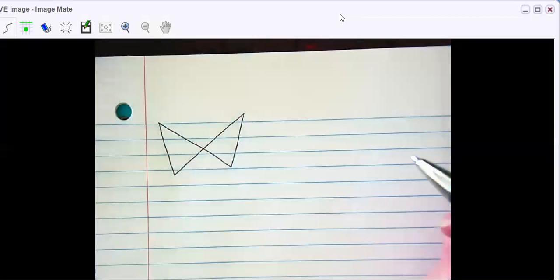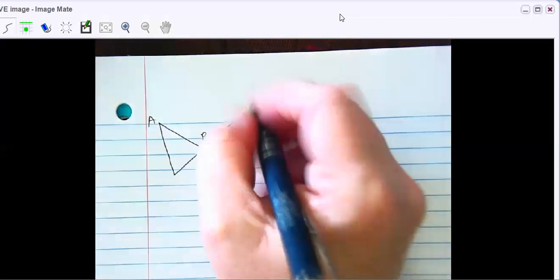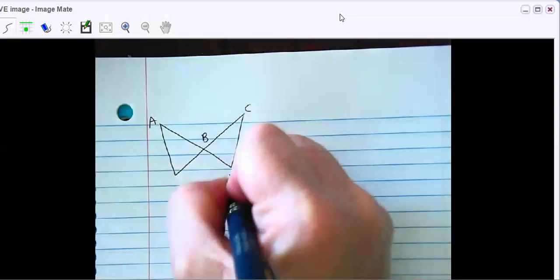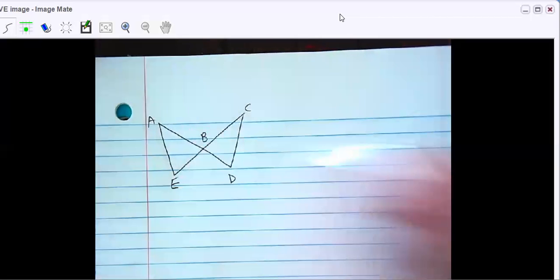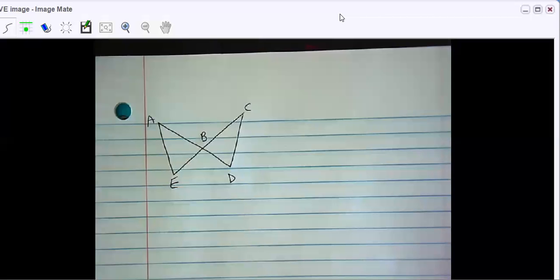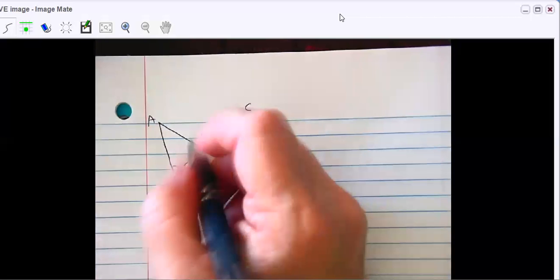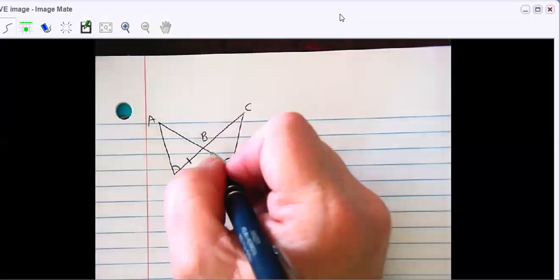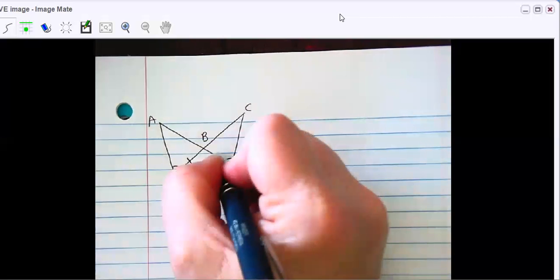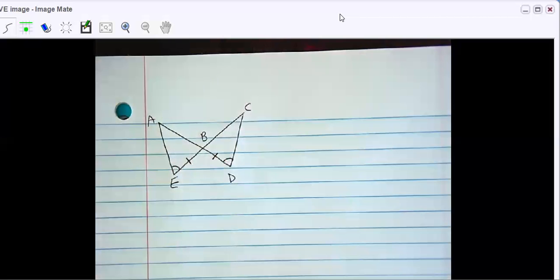And then we'll label A, B, C, D, E. And we're going to be given the information that angle E is congruent to angle D, and segment EB is congruent to segment BD. It is so much easier to work your problems when you have a picture.